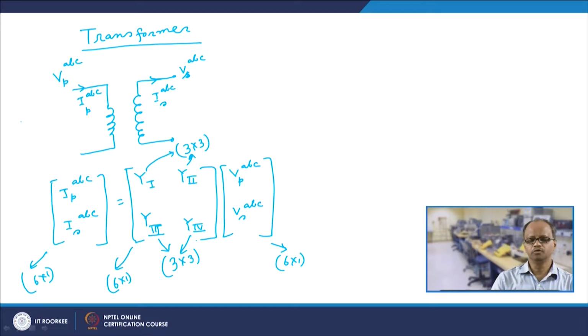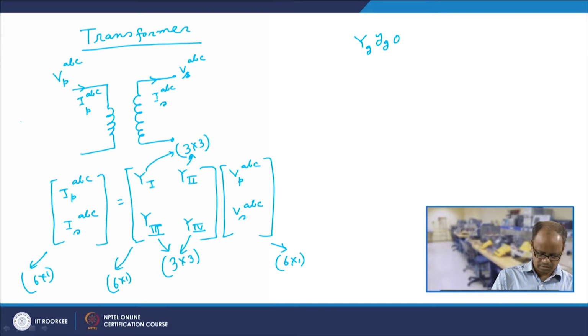Now, today we will be looking into the process of finding out these 4 matrices given any transformer connection. For example, suppose we say that we have a transformer connected as YG 0.